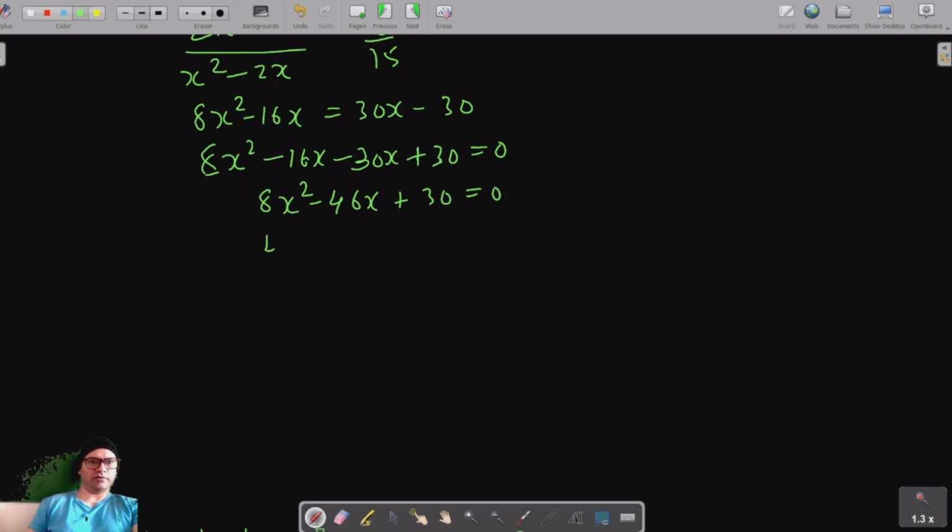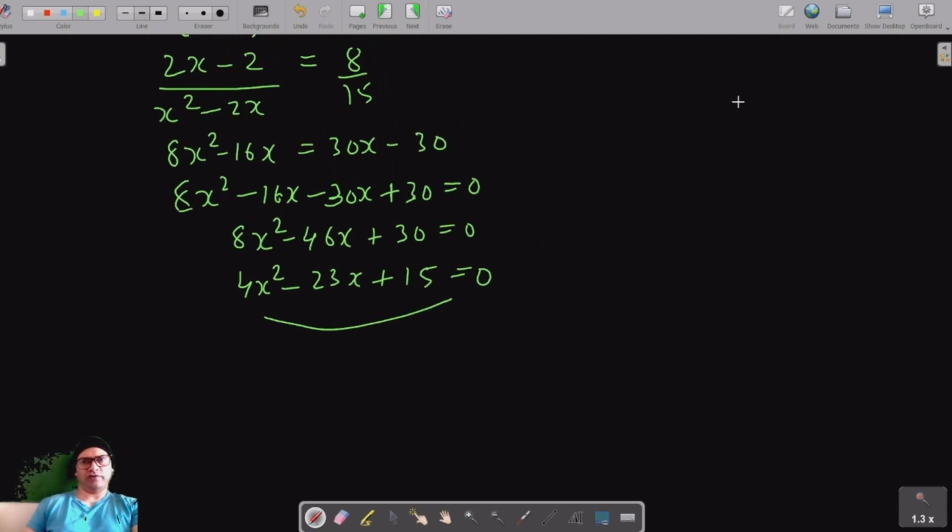If I take 2 common, this is 4x squared minus 23x plus 15 is equal to 0, and 4 into 15 is 60.